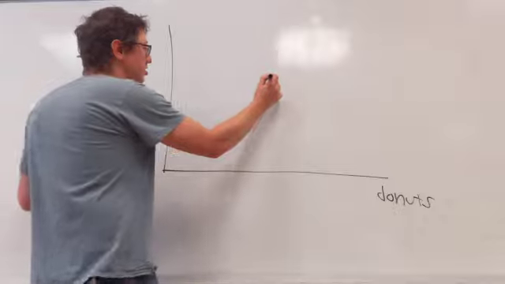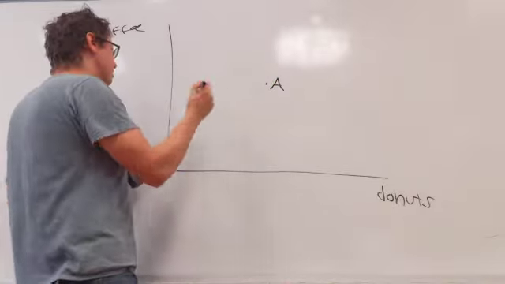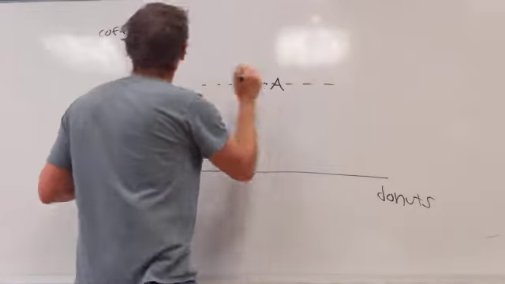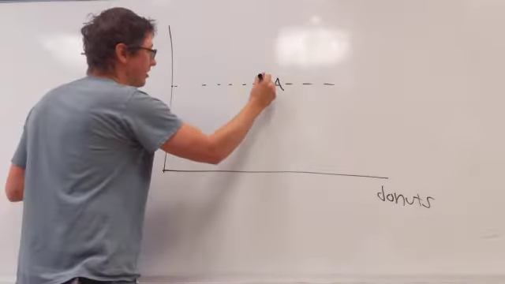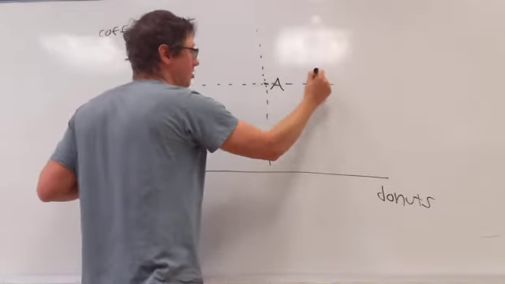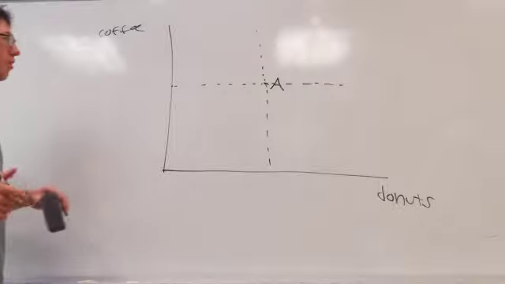So consider some bundle A. At bundle A, the consumer consumes this many coffees and this many donuts. And I'll extend these for reasons that'll be obvious in a moment. We want to know how much the consumer likes coffee and how much they like donuts relative to each other. I want to say something about their preferences.